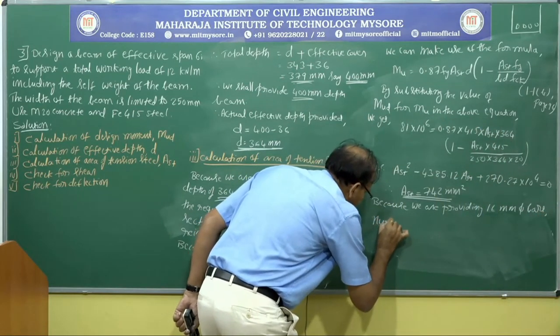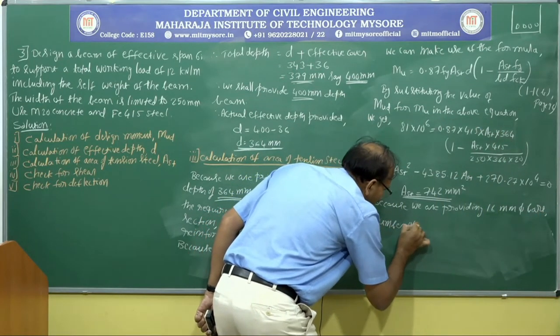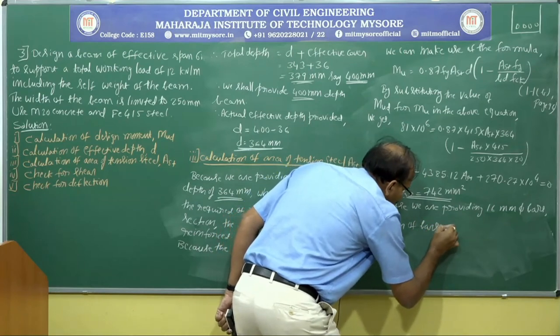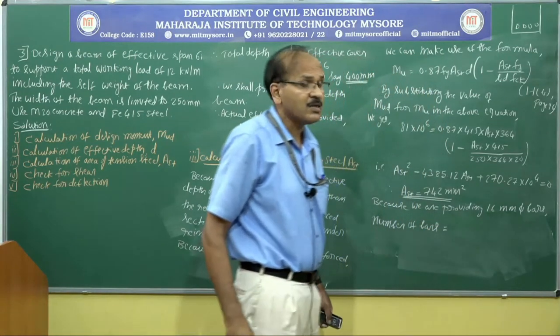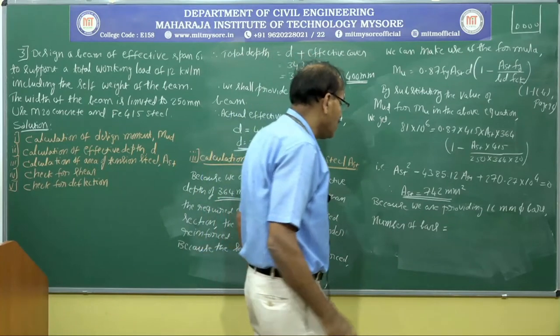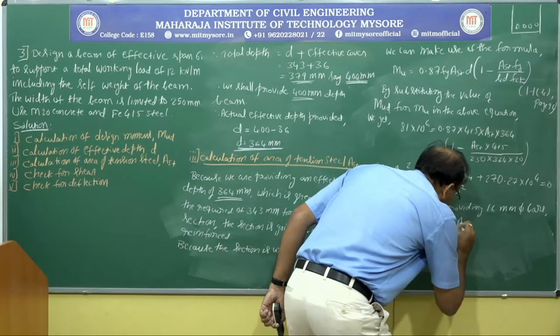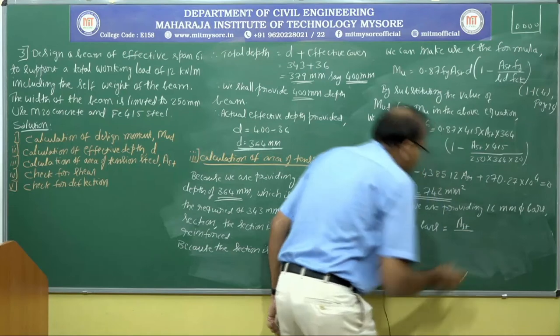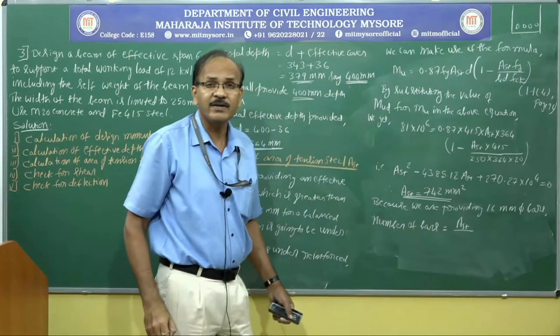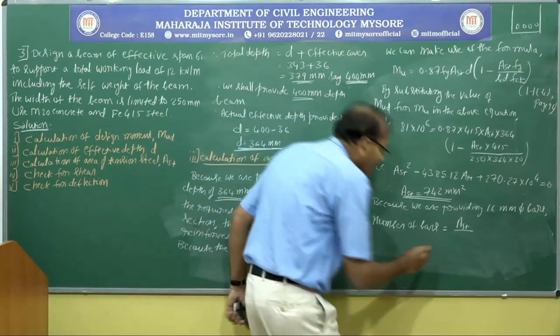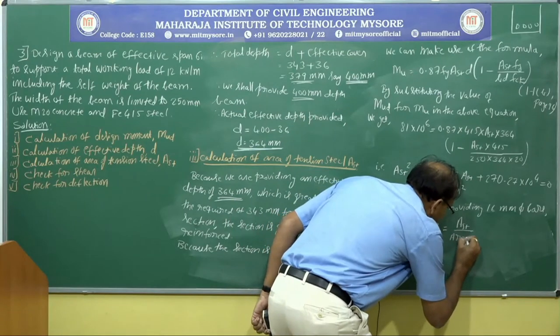Number of bars is equal to the total area of the steel required divided by the area of each bar.